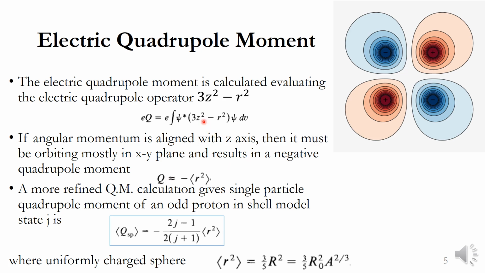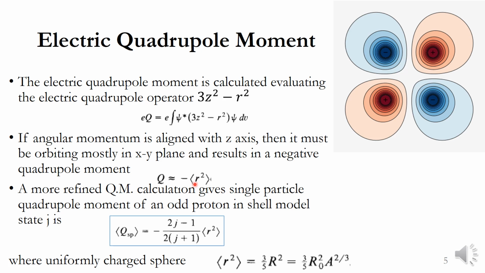Since most of the nucleons are in the xy plane, z will be very small or negligible, so it is neglected, and the remaining will be the r square term. That is why the electric quadrupole moment is almost equivalent to the expectation value or average value of the negative of r square, and the quantity is negative.